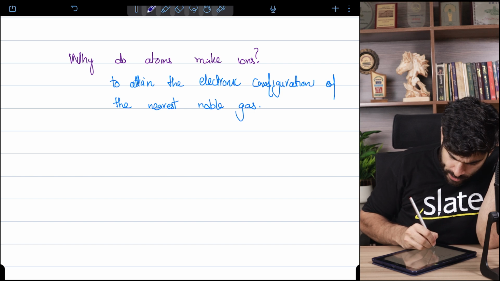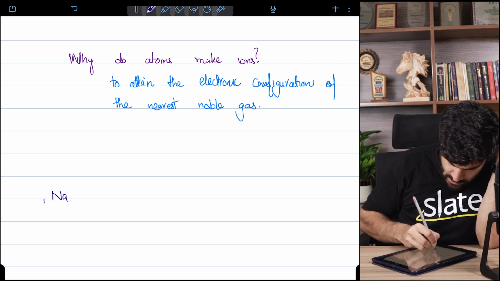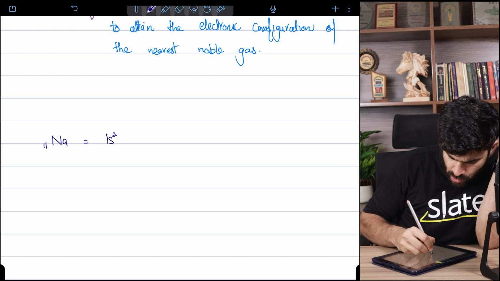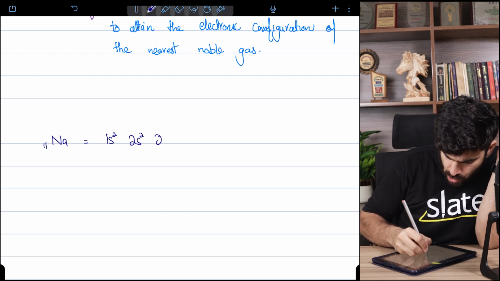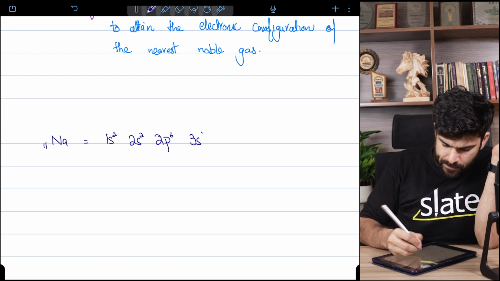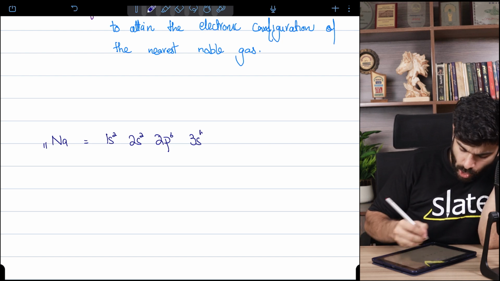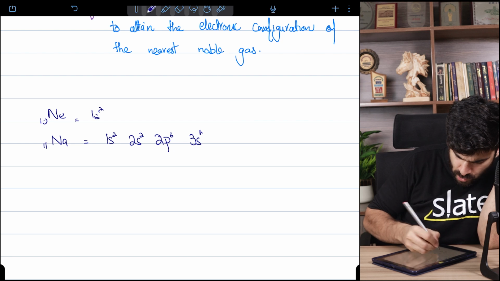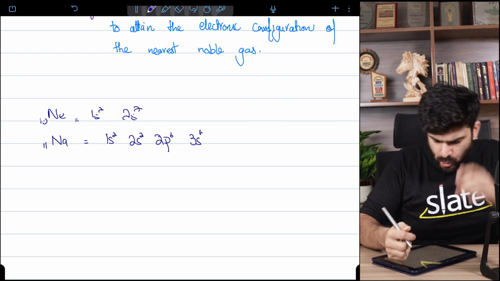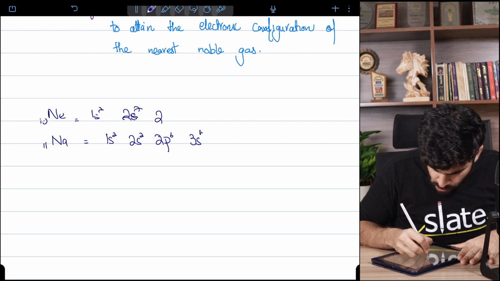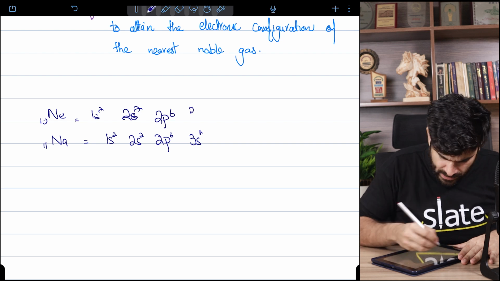Because let's talk about one of the first few 20 elements. For instance, we have sodium. What was the electronic configuration? 1s2, 2s2, 2p6, 3s1. And before sodium, we had neon: 1s2, 2s2, 2p6, and that's it.